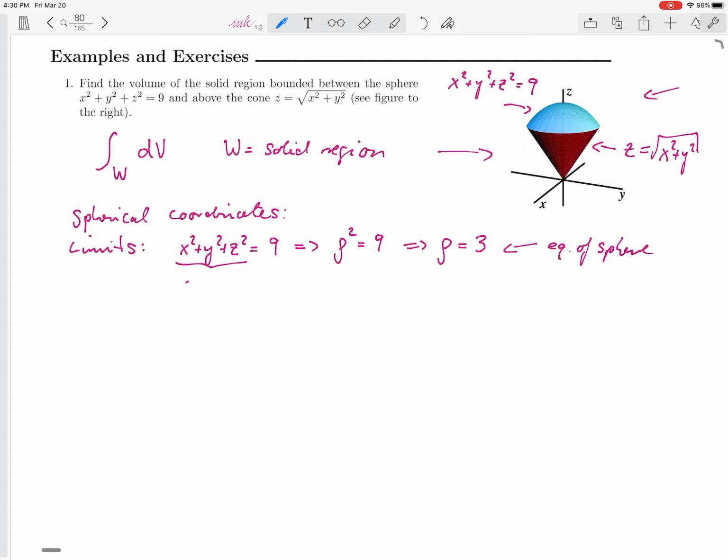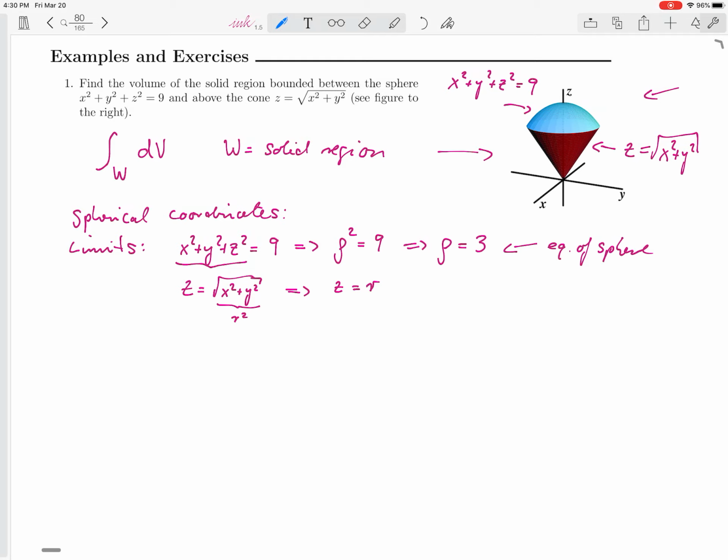The cone is z equal to the square root of x squared plus y squared. And here, if you remember, x squared plus y squared is equal to r squared. So we can rewrite that equation as z equal to the square root of r squared, which is r.